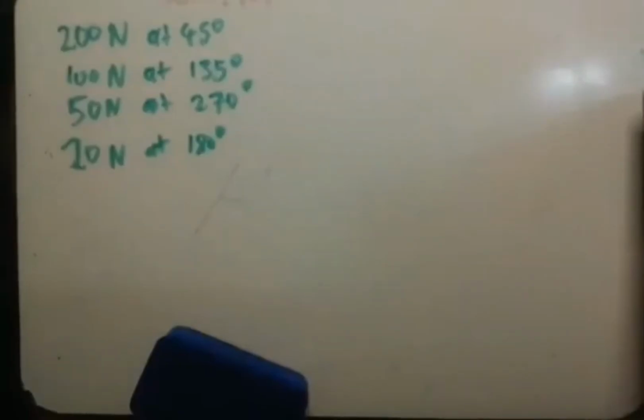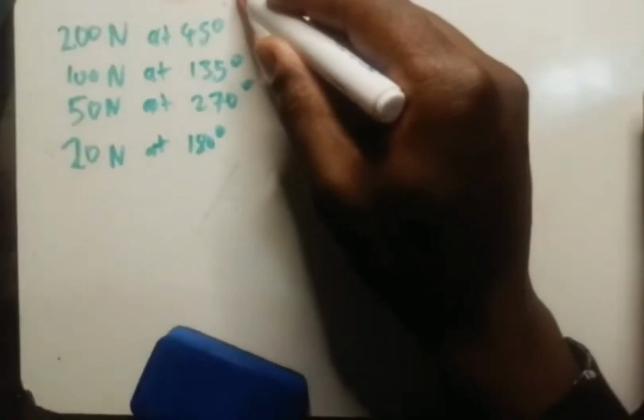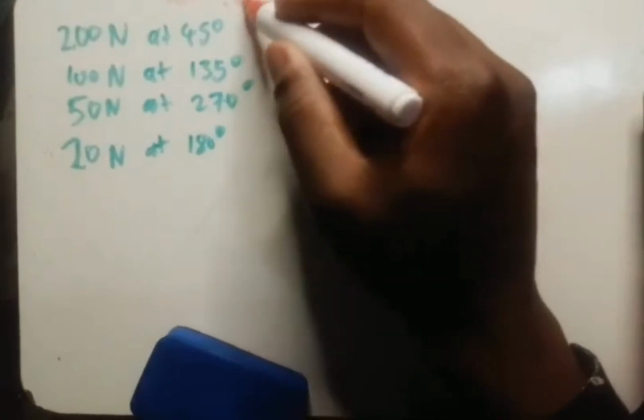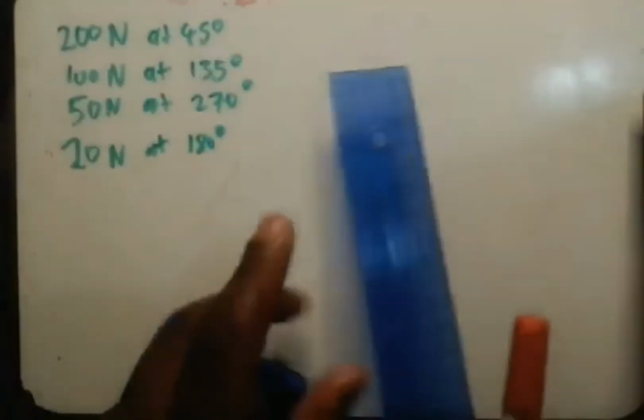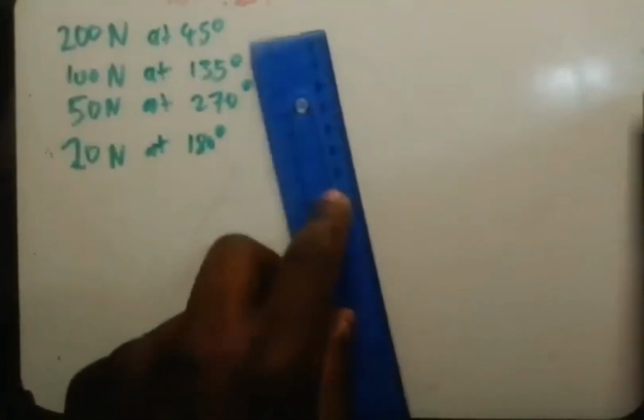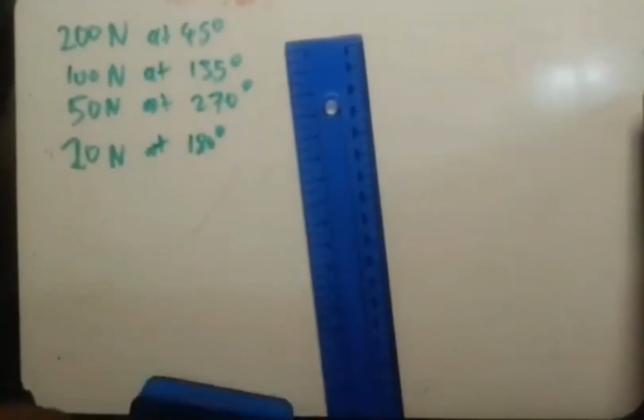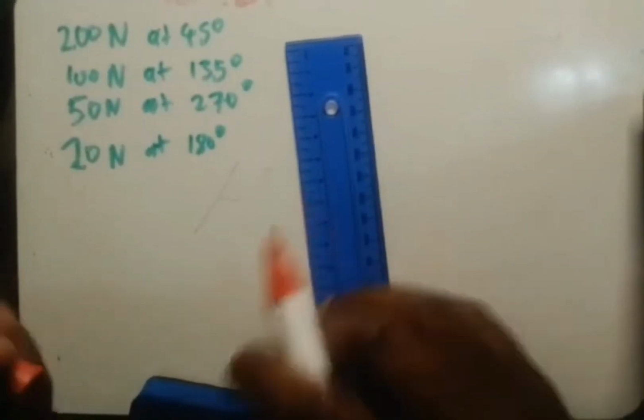My scale is going to be, let's say, 1 centimeter represents 20 newtons. In this case, 200 newtons would be 10 centimeters.